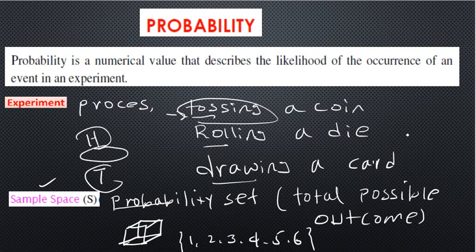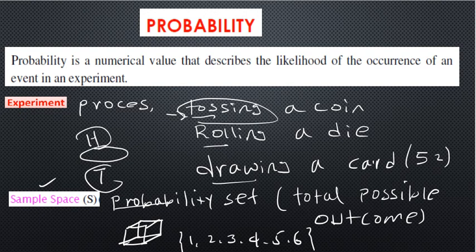It depends on the color also. So we need to be clear there. When we come to examples, we'll try to clarify that one. But in general, what is the probability set? The total possible outcome. So in case of drawing a card, the total possible outcomes are the 52 cards. These are the first 2 terminologies.